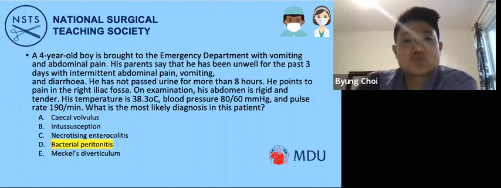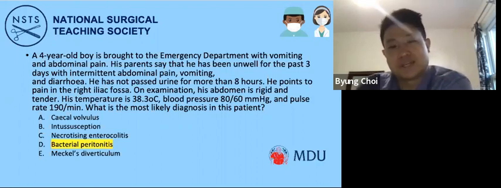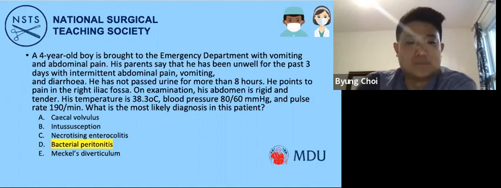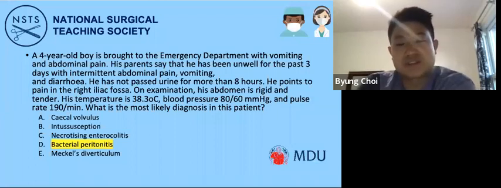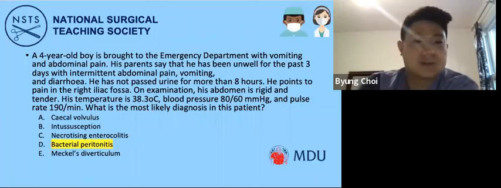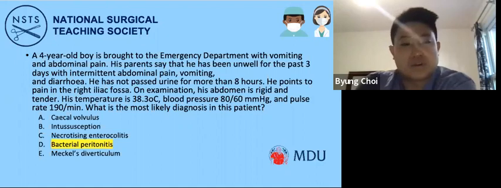Just looking elsewhere, he's had right iliac fossa pain, and he's had intermittent abdominal pain for a few days, vomiting, and a bit of loose stool. And that could be in keeping with quite a few presenting complaints, like appendicitis, even some of the options listed here, really.